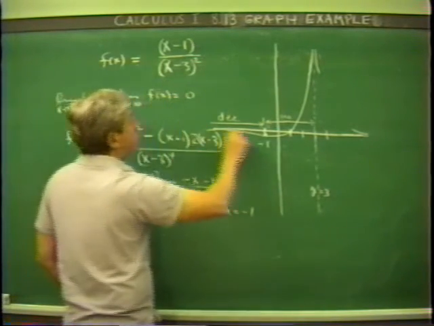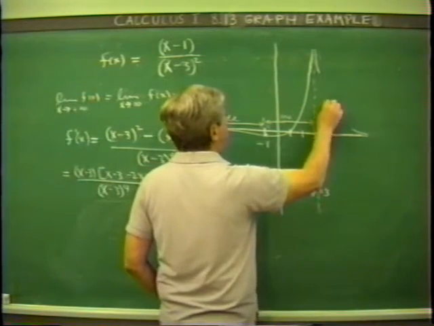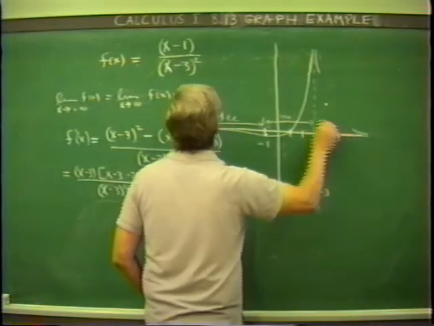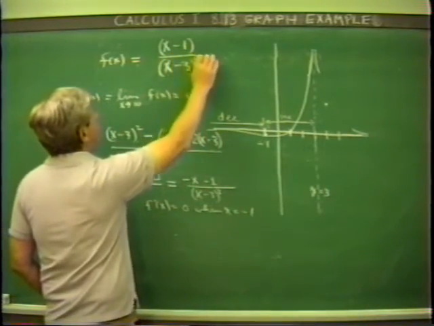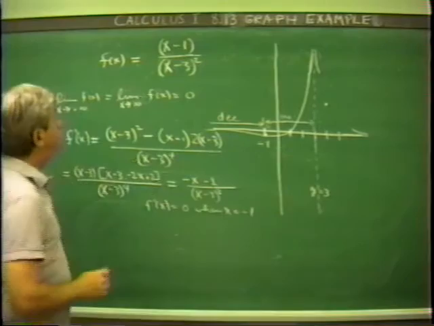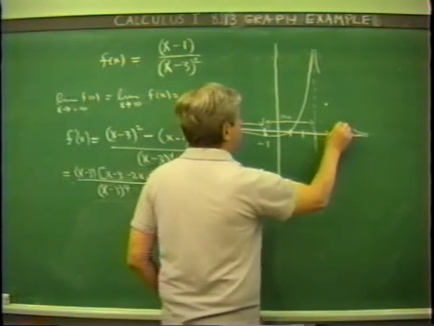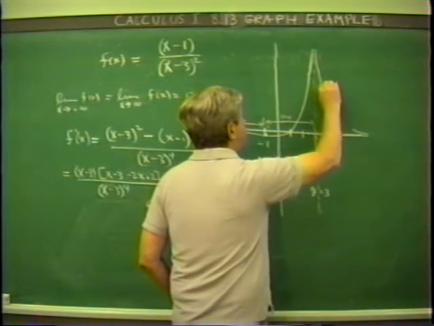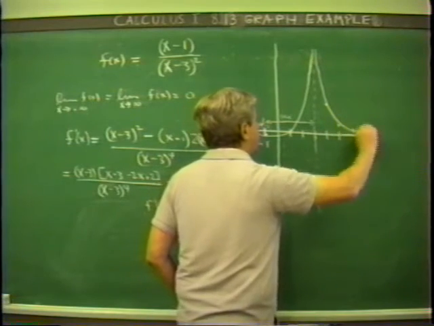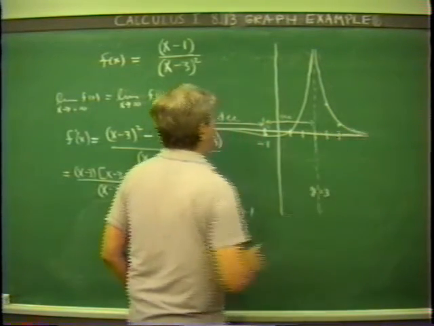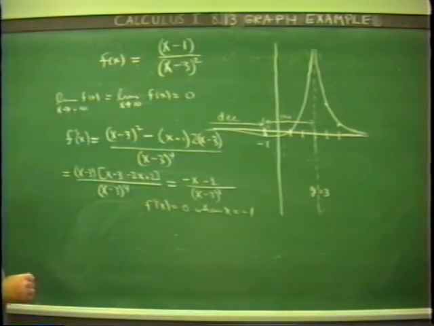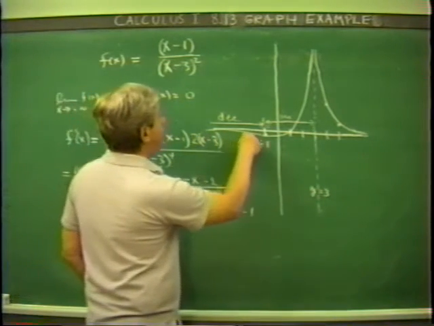Let's plot a point, for example, 4. At 4, we're going to be looking at 3 over 1. So the value of the function is 3 at 4. How about at 5? At 5, we're going to be looking at 4 over 4, so it's 1 here. And it clearly gets smaller after that. And so the function looks something like this.